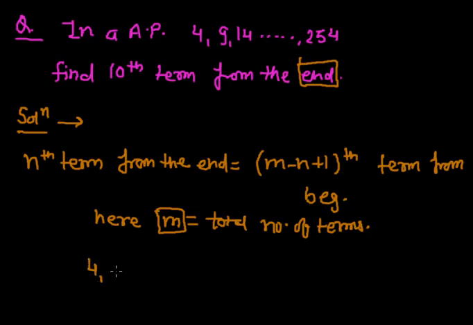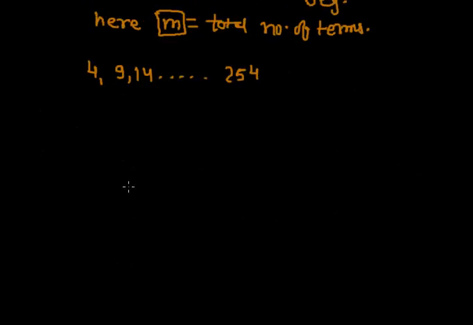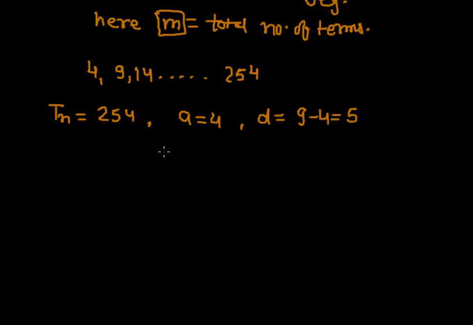4, 9, 14 up to 254. Now see, in the above AP, Tn, the last term, is equal to 254, a is equal to 4, and d is equal to what? a2 minus a1, 9 minus 4, which is equal to 5.